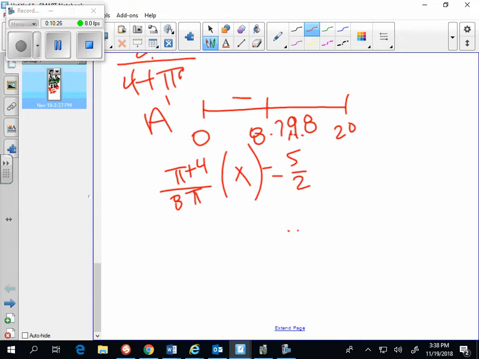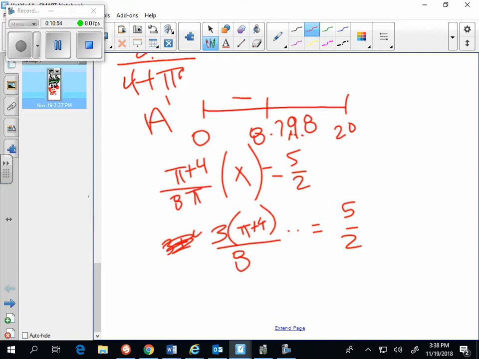And if I plug in a number bigger than this, like, I don't know, 3 pi will work. The pi's will cancel, and I'll have 3 times pi plus 4 over 8. And is that greater than or less than 5 halves? Well, I'm not so sure. Let's see.